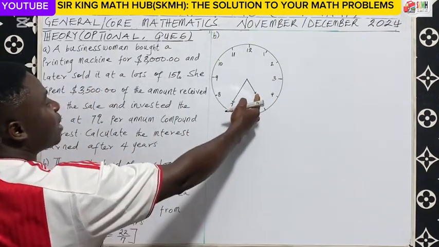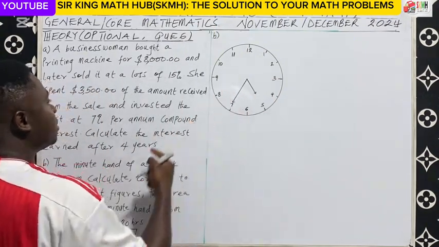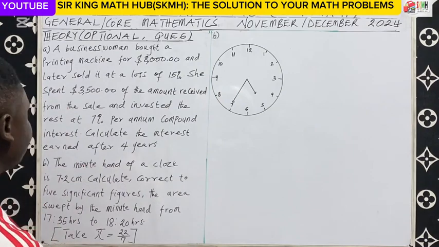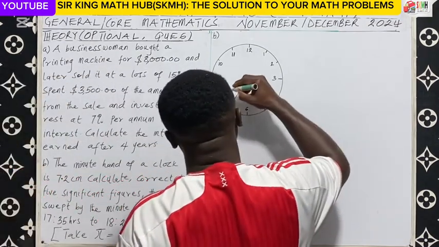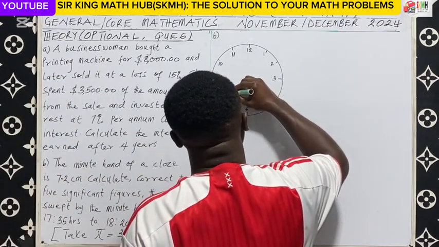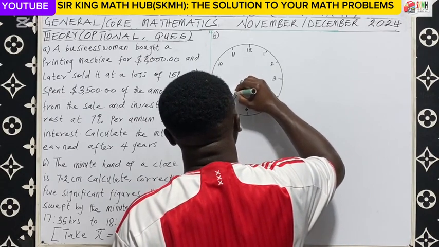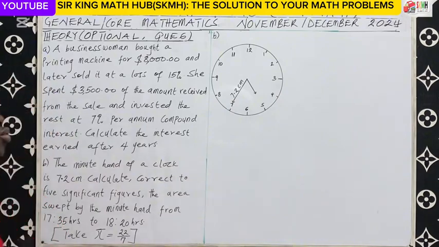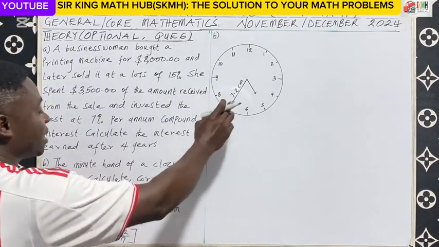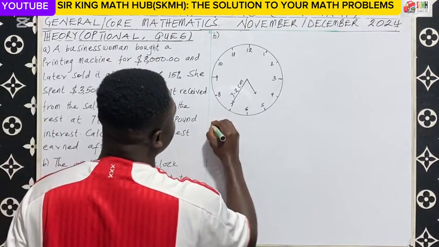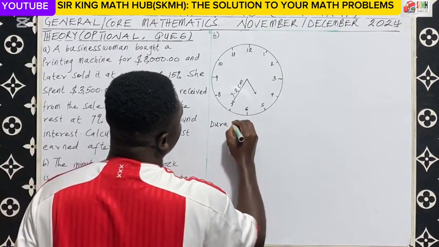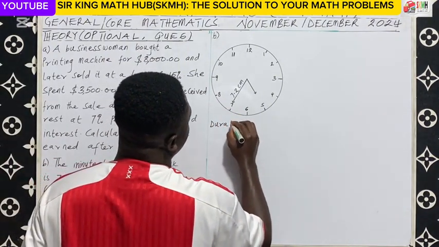So there is our hour hand and there is the minute hand. Again, don't forget that the length of the minute hand was given as 7.2 centimeters. So that is the start time. Now we want the duration.